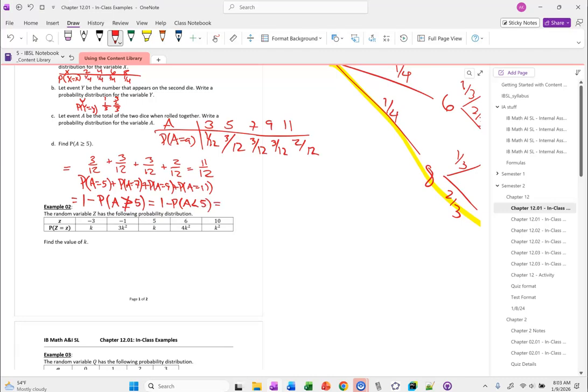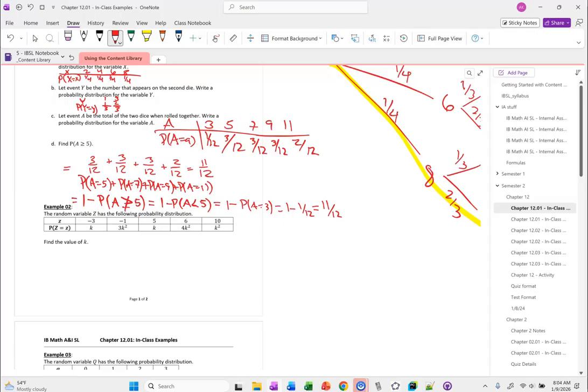And in this case, the only number that A can take that's less than 5 is just 3. So you could have done it as a complement also. Either is fine.